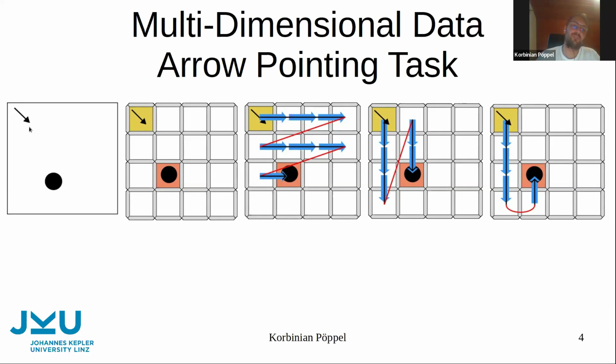It's very simple. You have an arrow and you have a circle, and you're trying to classify if the arrow is pointing towards the circle. Actually, in this case, it's pointing slightly away from the circle, so this should be classified as non-directing.